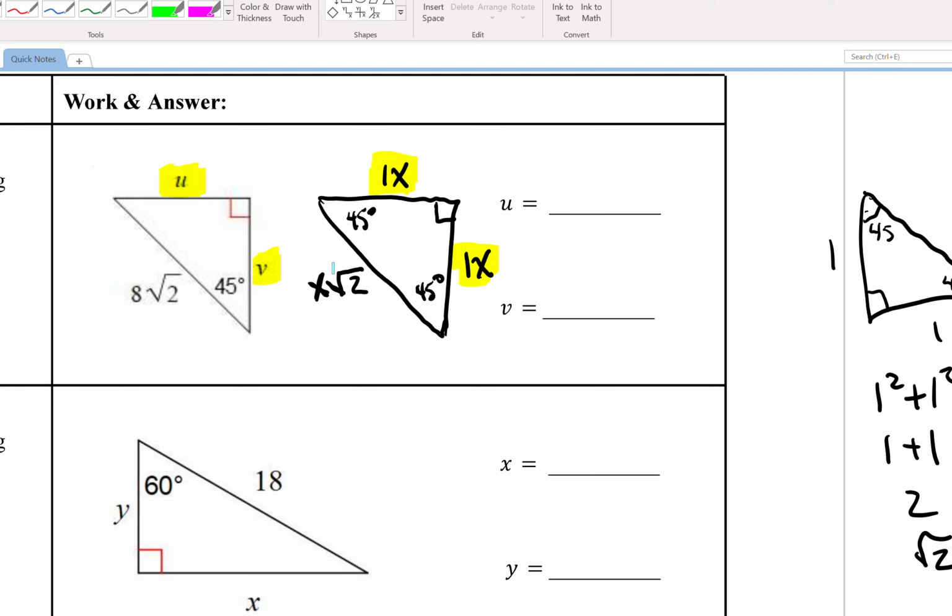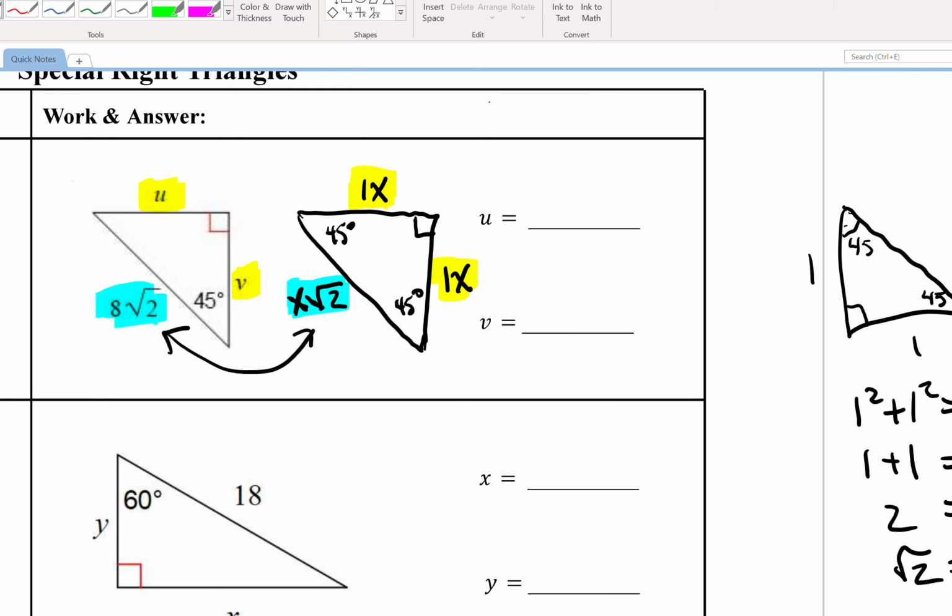But if I look at the hypotenuse here, x root 2 then is equal to 8 root 2. And you can just show that. You could say, hey, these two are equal. So let's put that right here. If x root 2 is equal to 8 root 2, and I want to solve for x, root 2 is multiplication, so I just divide.